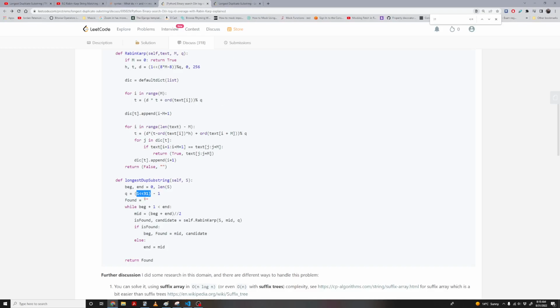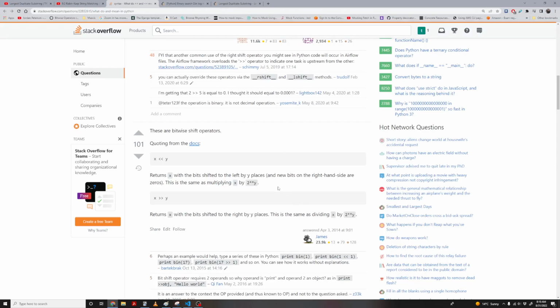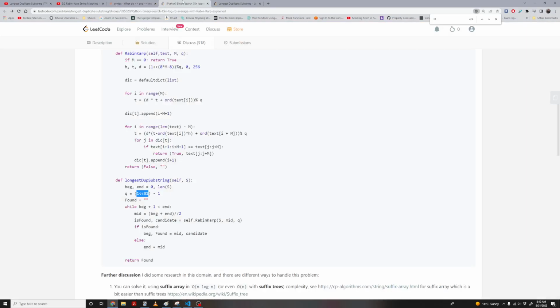So what does that mean? It means x times 2 to the power of y, or here 1 is nothing, so 2 to the power of 31 times 1 minus 1. That's the big prime number.